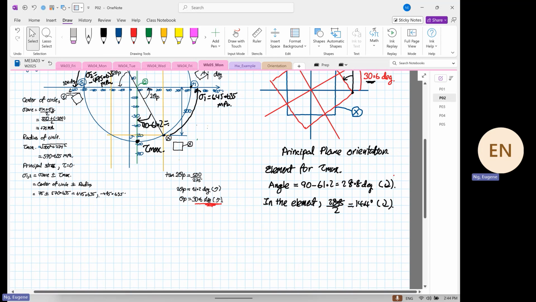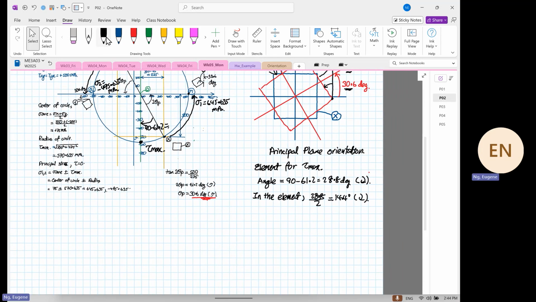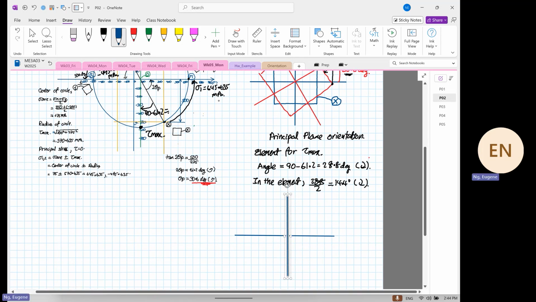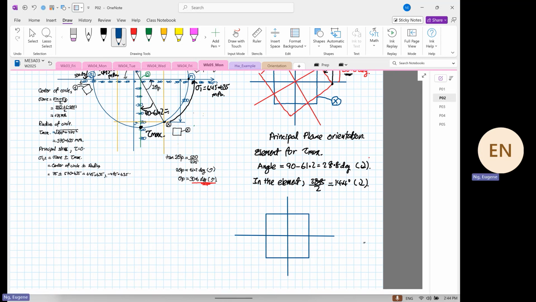Now, we are going to sketch the element again. We have our original element. So this is our point X. Everything the same again. This is our point Y. Now our rotation is different.